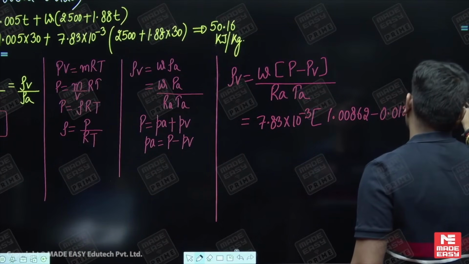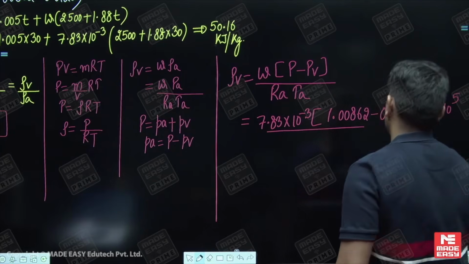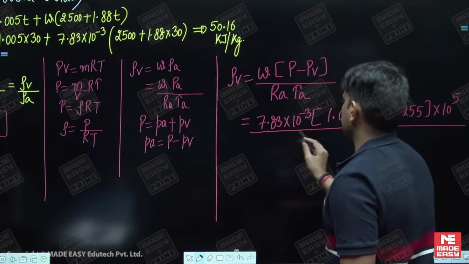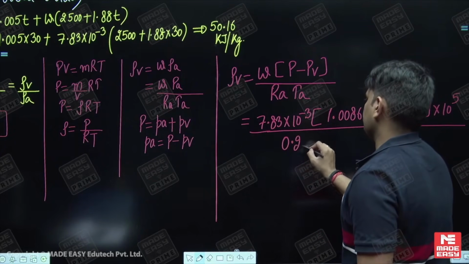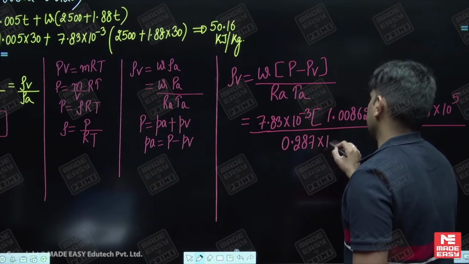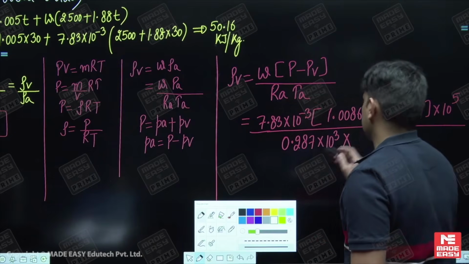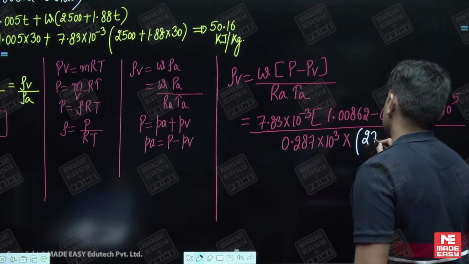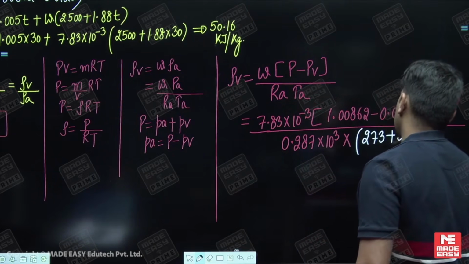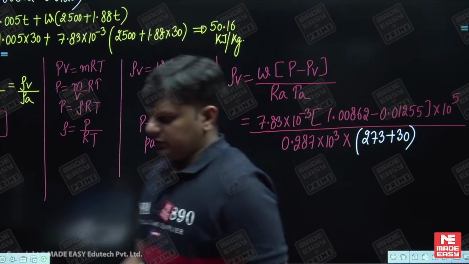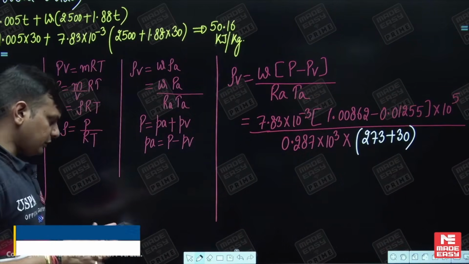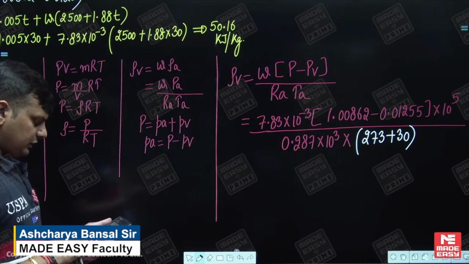So multiply by 10 raised to power 5, upon R of air 0.287 into 10 raised to power 3, into capital T. Capital T means temperature in Kelvin. Don't worry about the units, we will check them; first we will calculate the values.